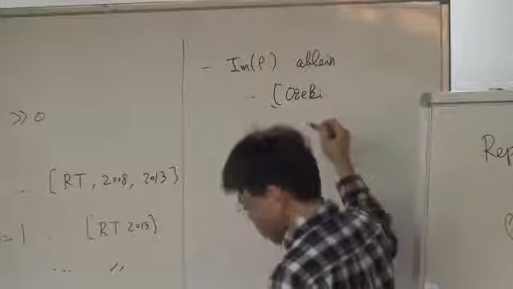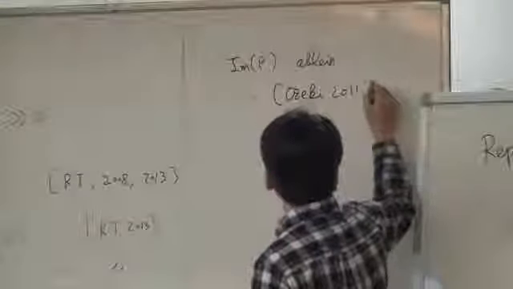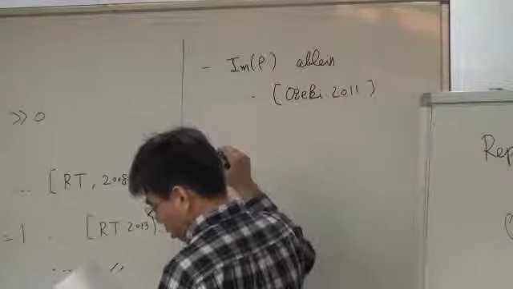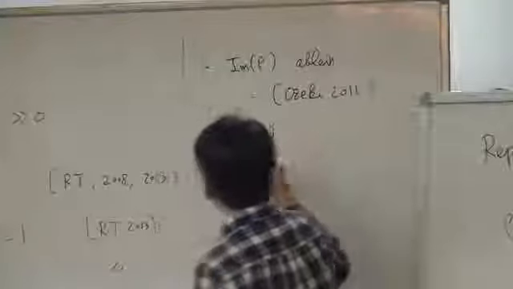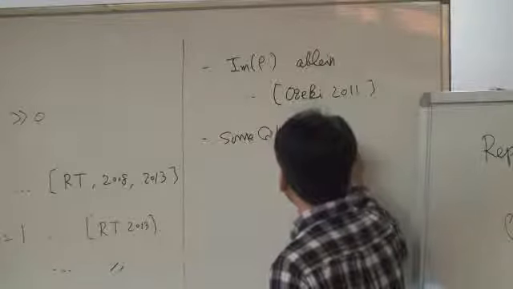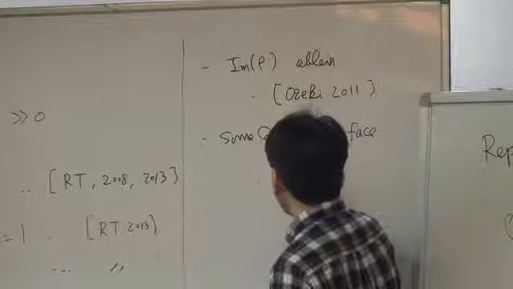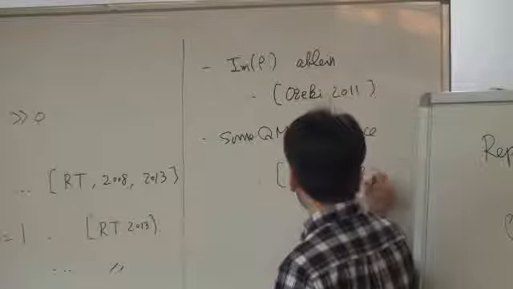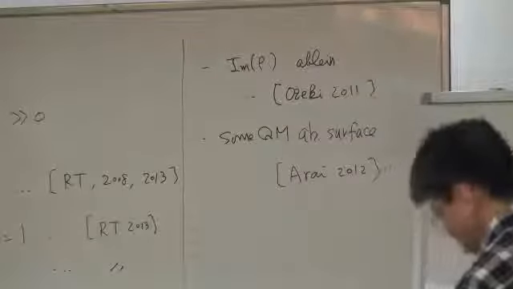This is another paper which is still a preprint. And the QM abelian surface case was treated by Arai. I think this is still a preprint. Anyway, there are such results.